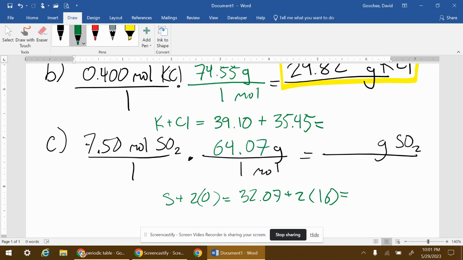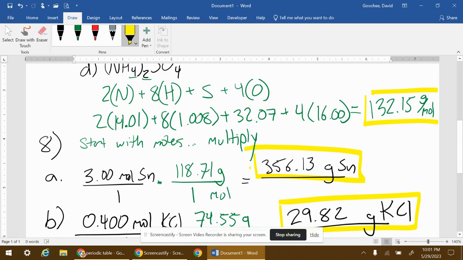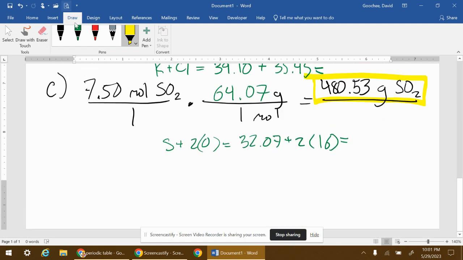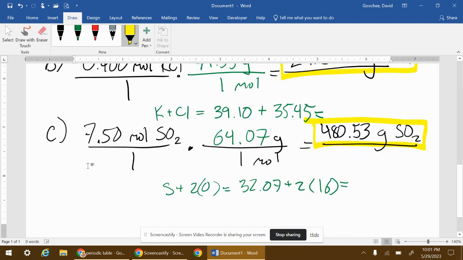So that's how much 1 mole weighs, but we have 7.5 moles. So we're going to multiply them together and get 480.53. Cool. All right, there we go. So that's problem 8.